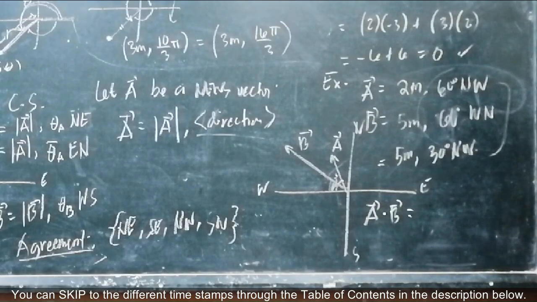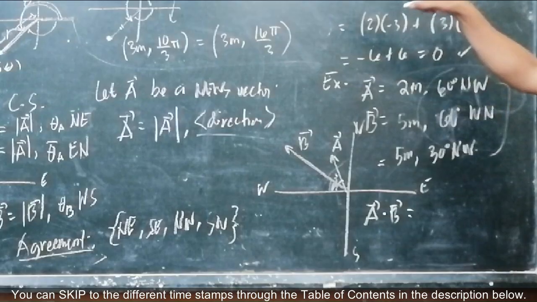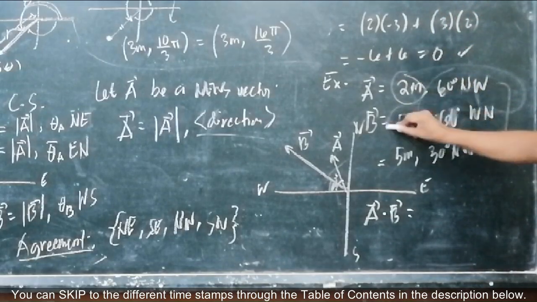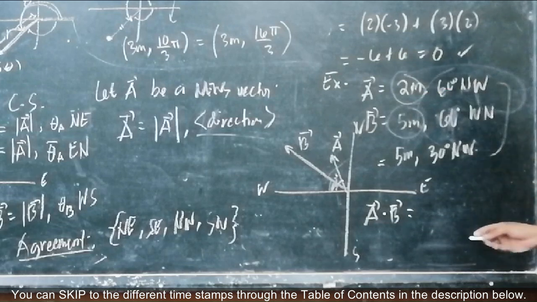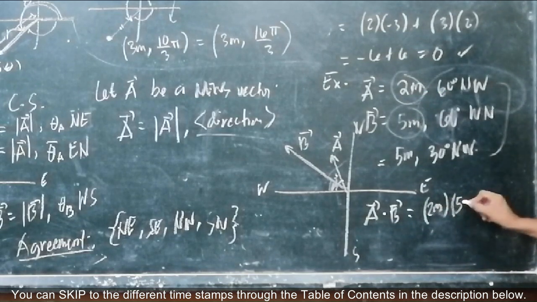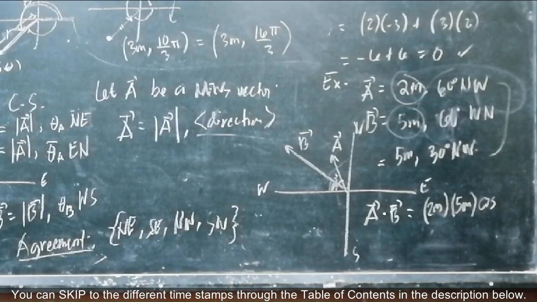That would be the magnitude of A times the magnitude of B. This is already the magnitude of A, and this is the magnitude of B. So this is 2 meters times 5 meters times the cosine of the angle between them. What is the angle between them?